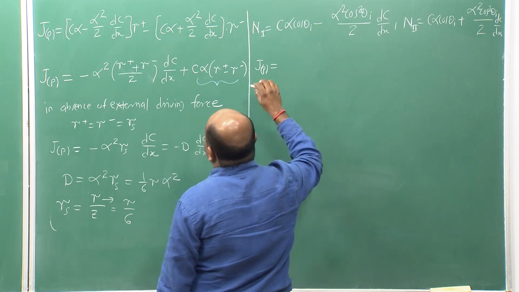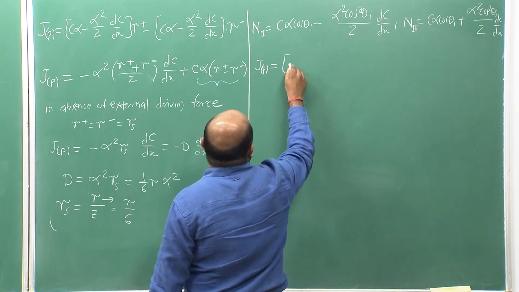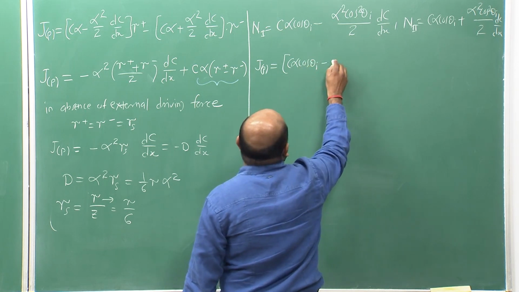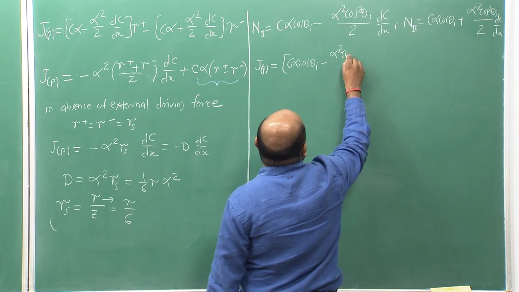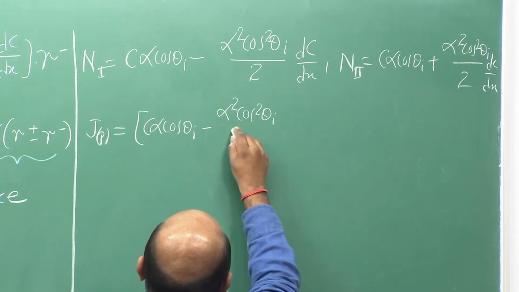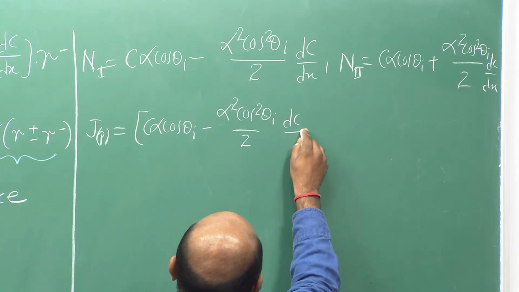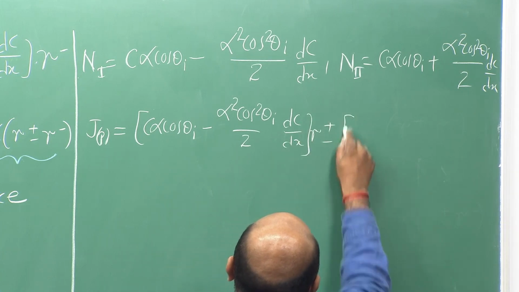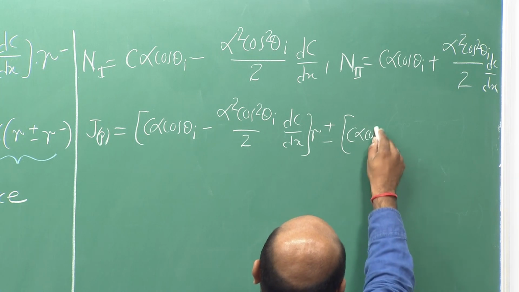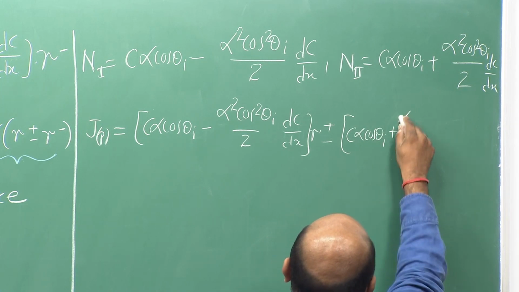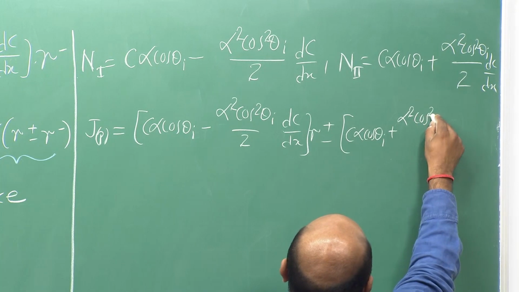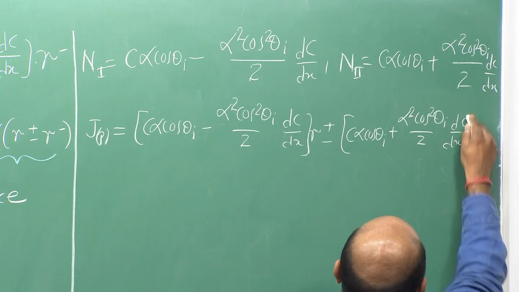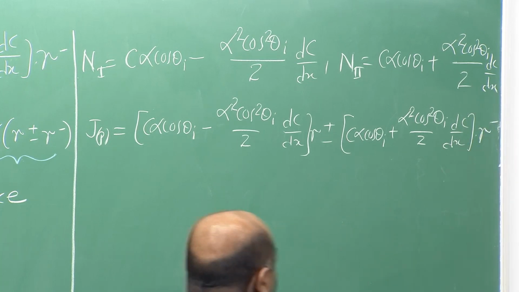And Jp becomes C alpha cos theta I minus alpha square cos square theta I by 2 dc by dx, times gamma plus, minus C alpha cos theta I plus alpha square cos square theta I by 2 dc by dx, times gamma minus.